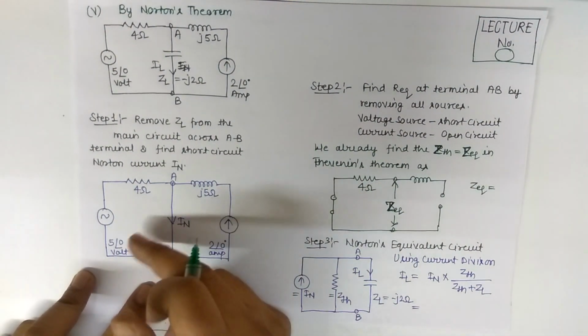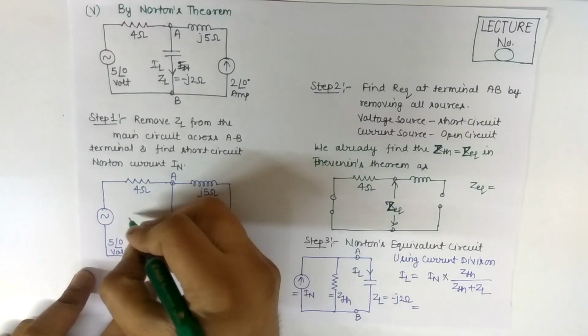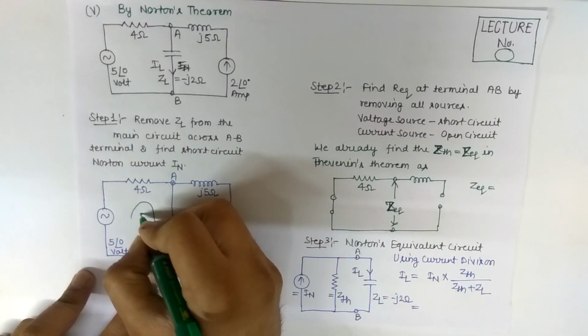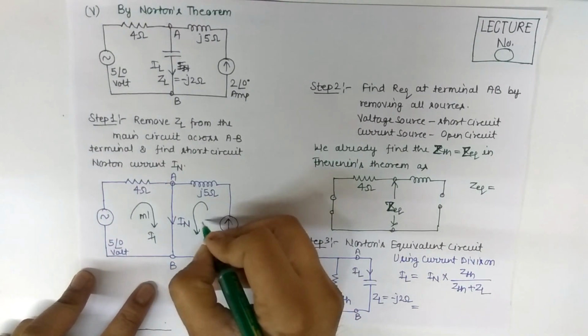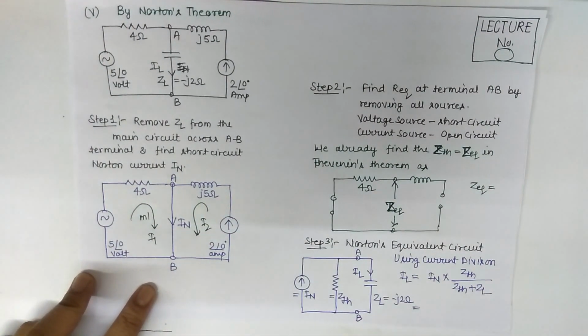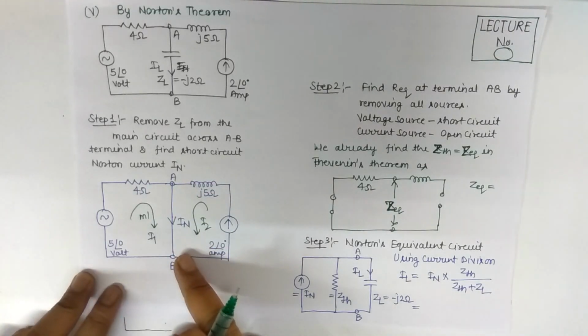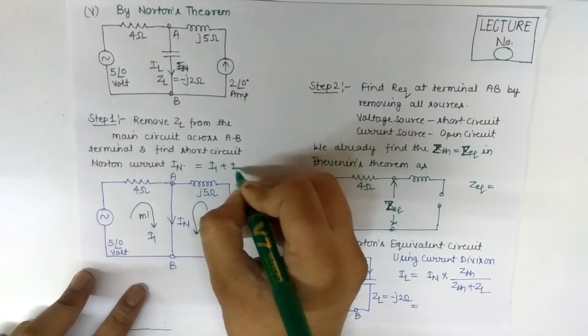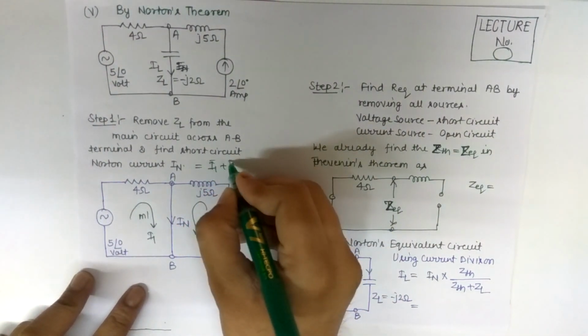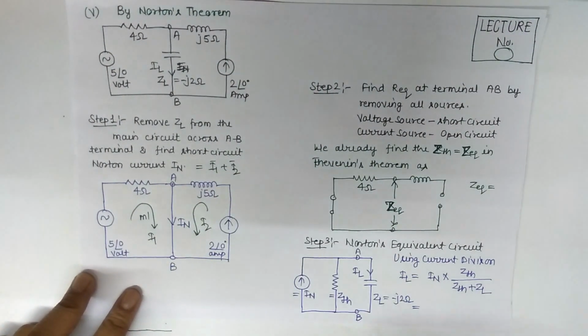So when we consider this, let us say this is M1 and consider current I1, and let us say this is I2. So we consider IN. So IN would be basically I1 plus I2, right? Vector sum, because this is AC.